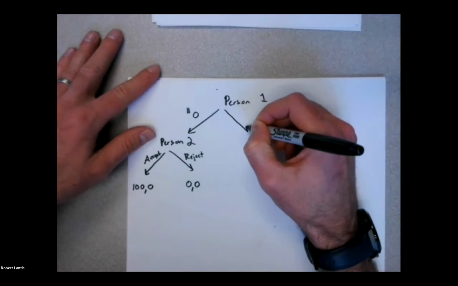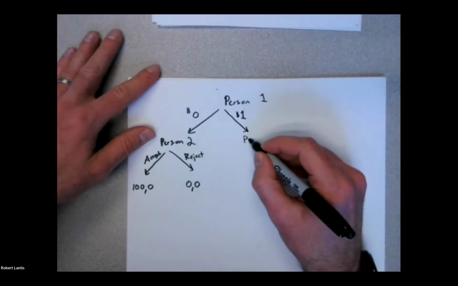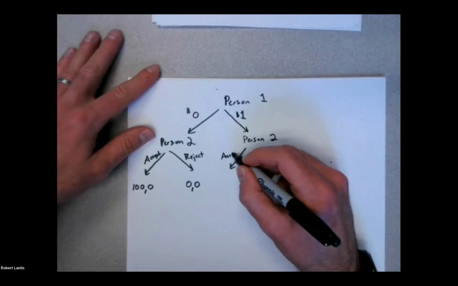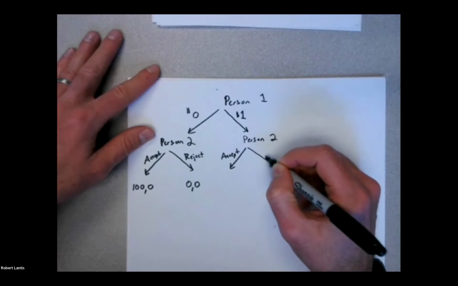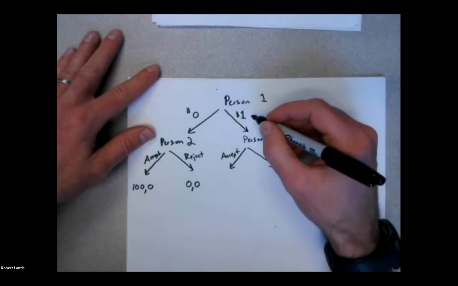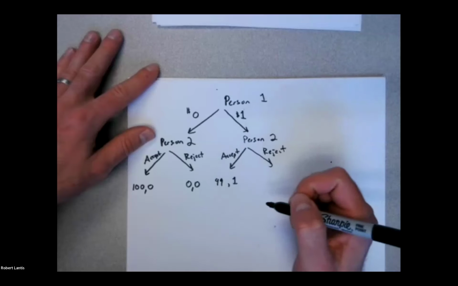Okay, what's the other choice I can make? What if I just offered them $1? Now person two has those same decisions. They can either accept or reject. So here I've offered them $1. If they accept it, they get $1 and I get to keep 99.